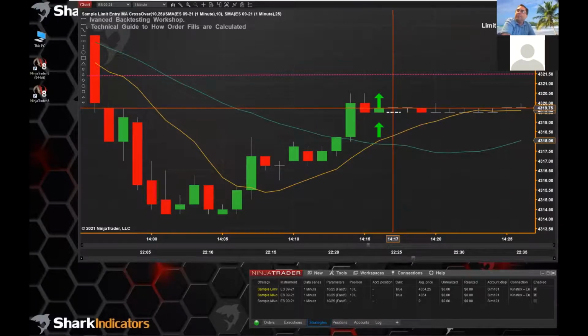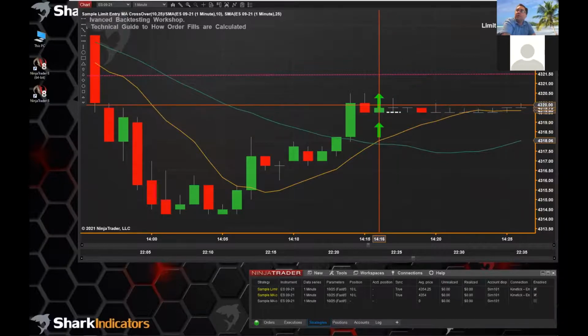But if price punches through your limit order, then you are guaranteed to get filled, right? That's one of the guarantees that the exchange does make with a limit order: if price punches through that limit order, you're guaranteed to get filled at your limit order price, or maybe even at a better price.